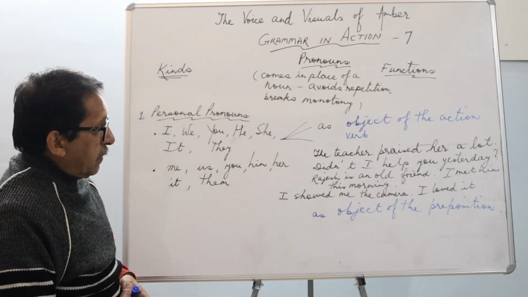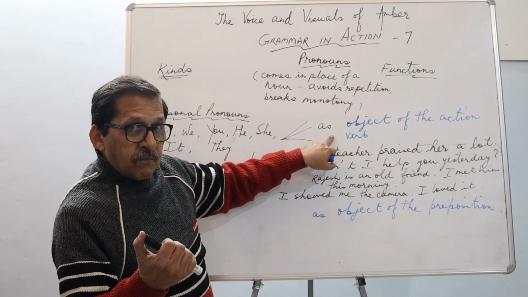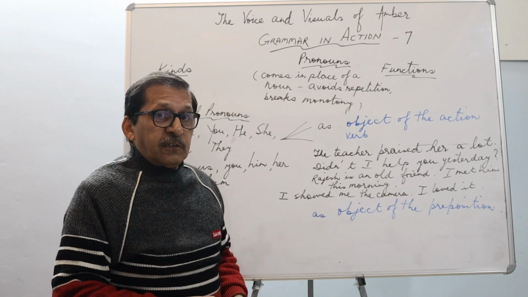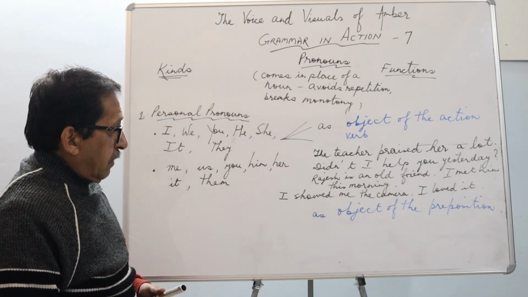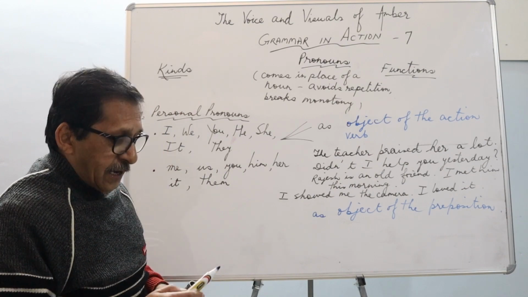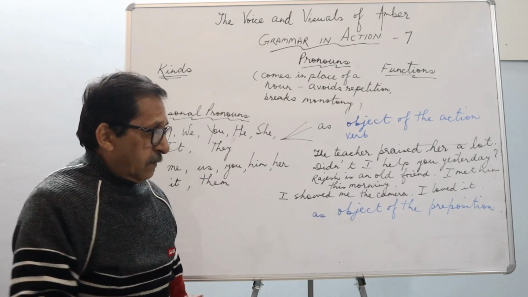Now we shall move on to the next function of a noun or a pronoun: object of the action verb. So again, we first identify or locate the action verb. Seema wrote a wonderful essay. The teacher praised her a lot.